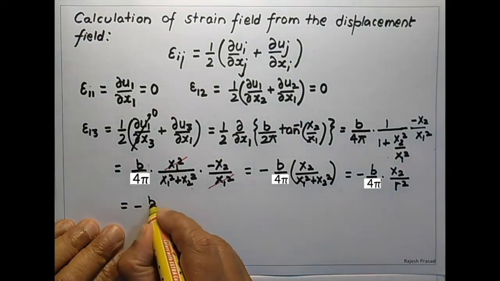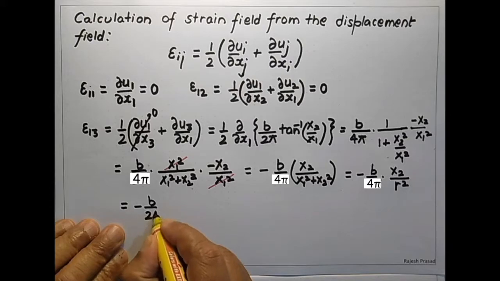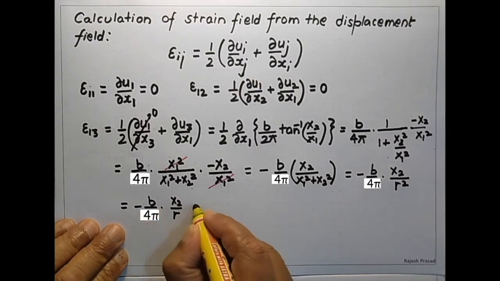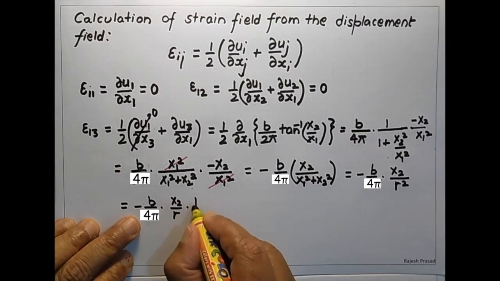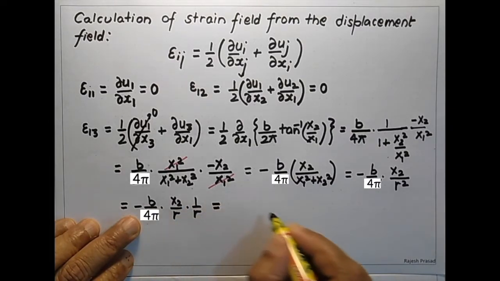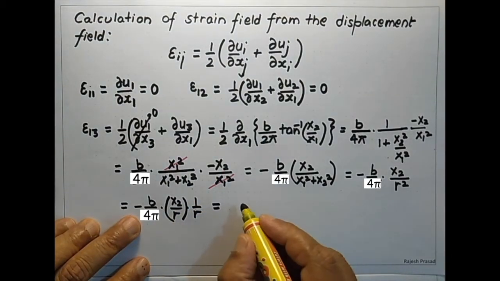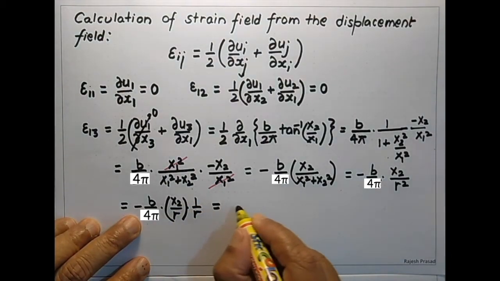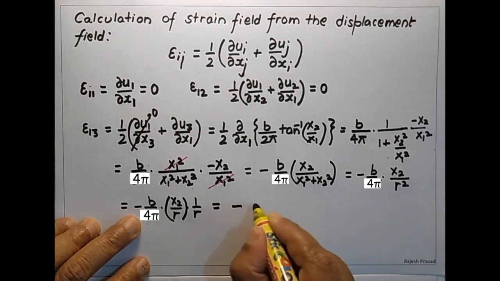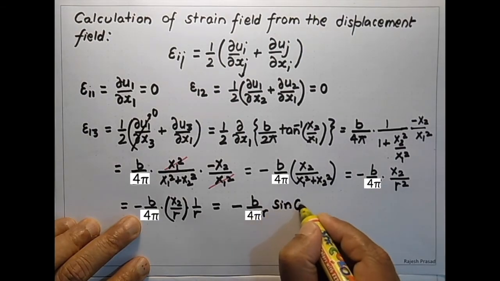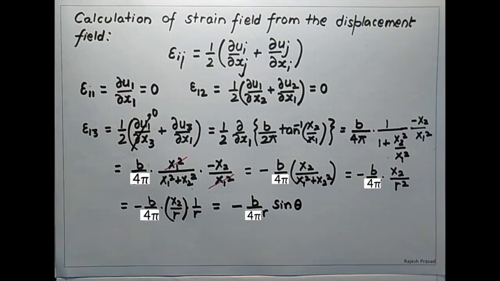But then the same quantity can now be written as x2 by r into 1 by r. x2 by r is nothing but sine theta. So I can write this as b by 2 pi r sine theta. This is epsilon 13.